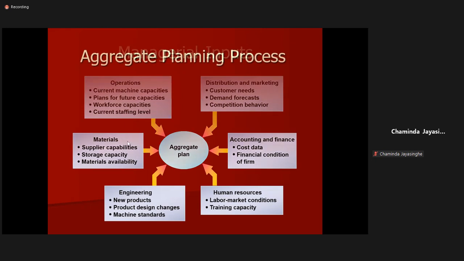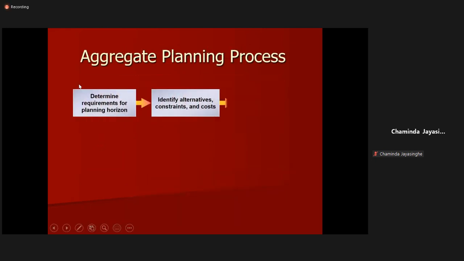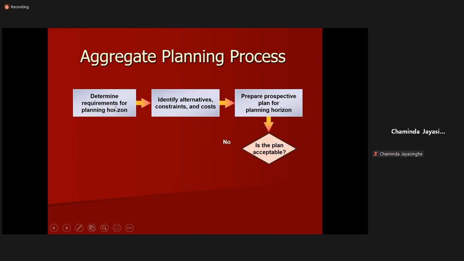Aggregate planning process: you have to determine requirements for the planning horizon, and then identify alternatives, constraints, and costs. Prepare a prospective plan for the planning horizon. And then, is the plan acceptable? If it is not, you have to identify alternatives, constraints, and costs again.